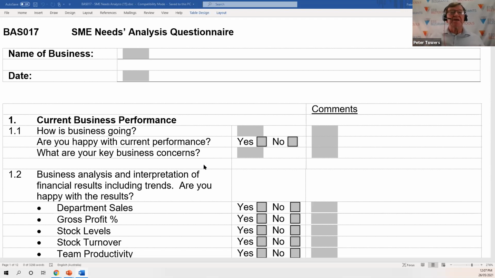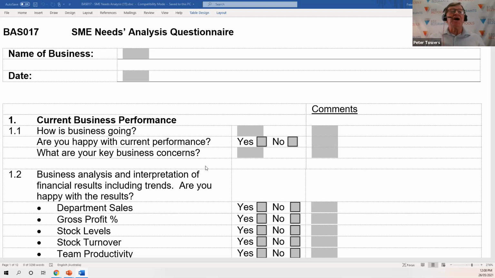And one way that I'm suggesting you do that is by utilizing the information within the SME needs analysis to select which of those you think a particular client might be interested in, or you could give him the SME needs analysis and ask them to sit down of an evening and go through and identify which of the items they would like you to be talking to them about.